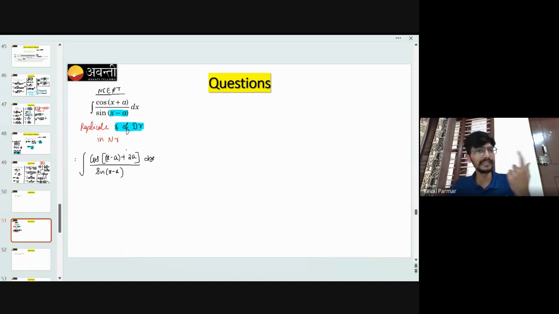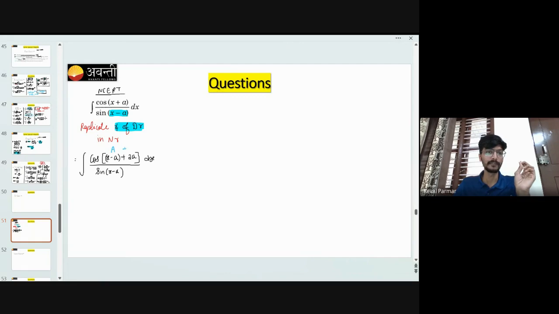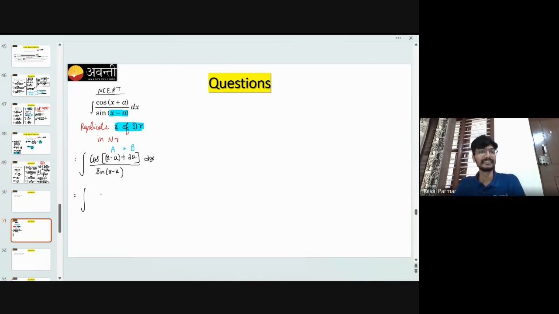Or many times students also substitute, like put x minus a equals t. Out of both you can do any. If I put x minus a equals t, then also it will be the same thing, right? So here I can see this is cos a plus b. What is cos a plus b? It is cos a cos b minus sin a sin b.